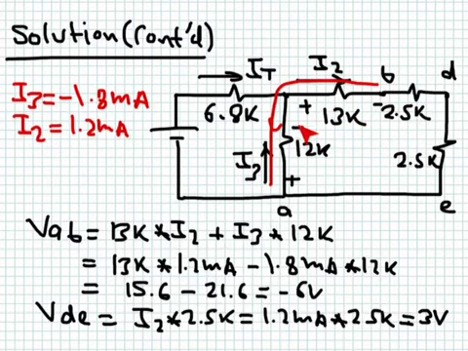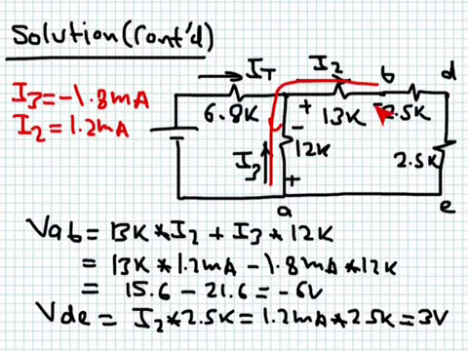Negative, positive, negative, positive. Okay? But when I substitute for I3, I'm going to use minus 1.8 milliampere. Okay? So the reference is what matters. You assumed it to be flowing in this direction, then the drop resulting from this current will be positive, negative. So when you calculate VAB, you move from B to A and you add the voltage drops. Negative, positive is positive; positive, negative is negative.